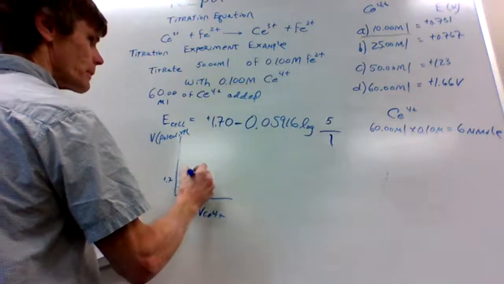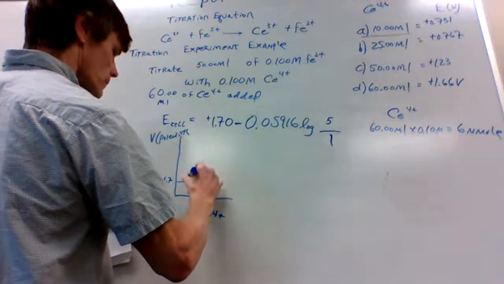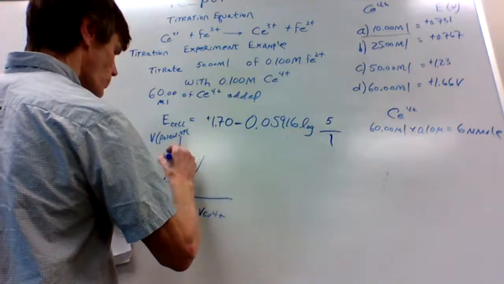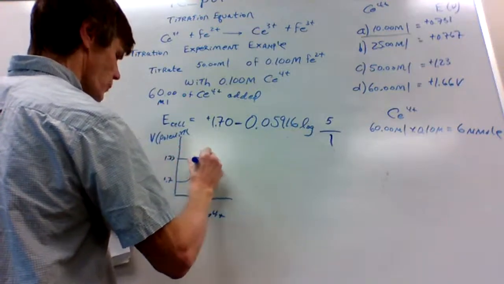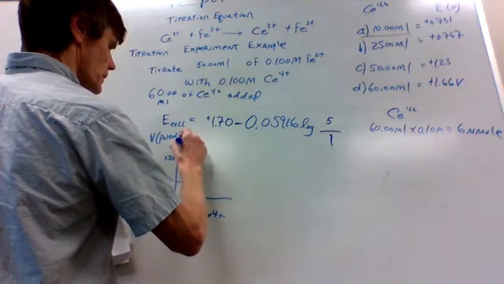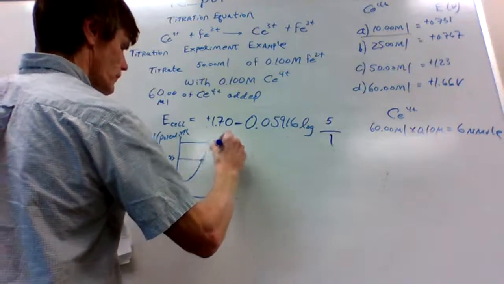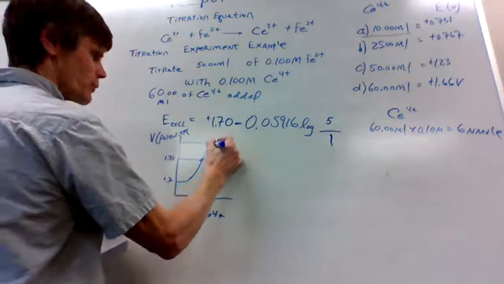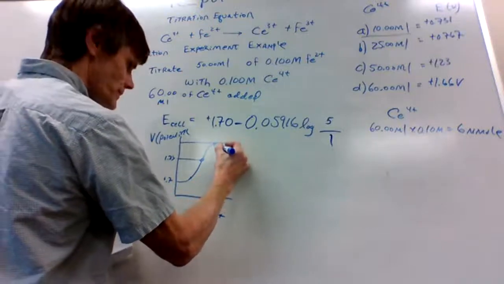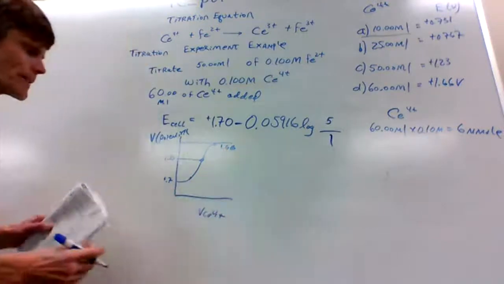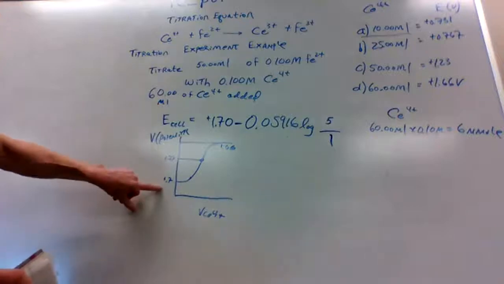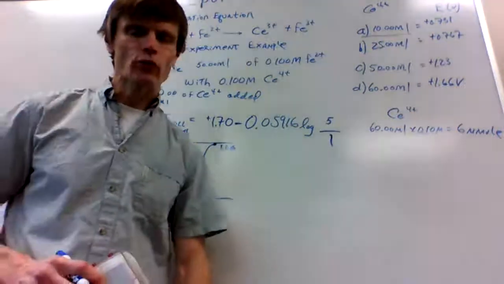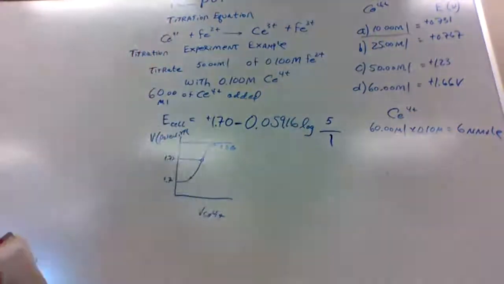And it's going up to 1.23 at the equivalence point. And then it starts to flatten out there as we get up to 1.66. And that's the appearance. We're starting at a low potential and working towards a higher potential.